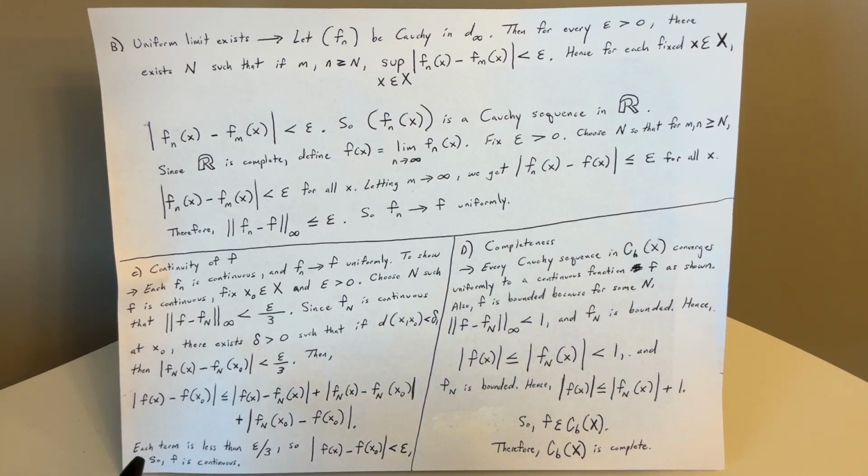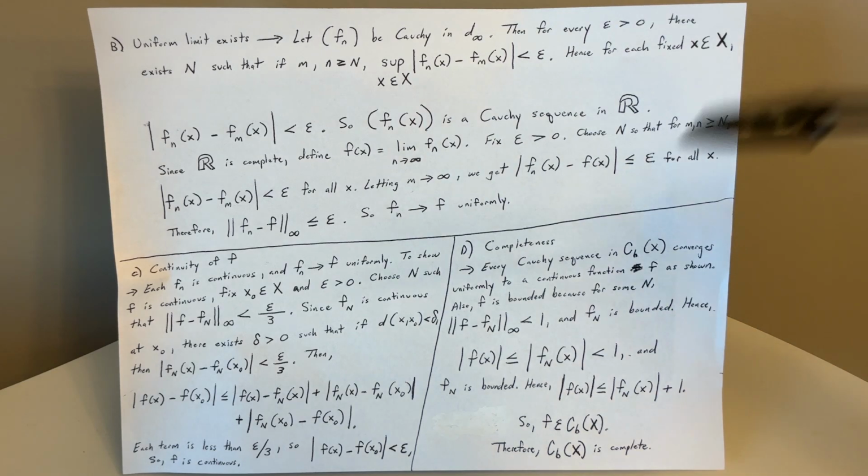A lot of words. So each term is less than epsilon over 3, and so the absolute value of f of x minus f of x naught is less than epsilon.